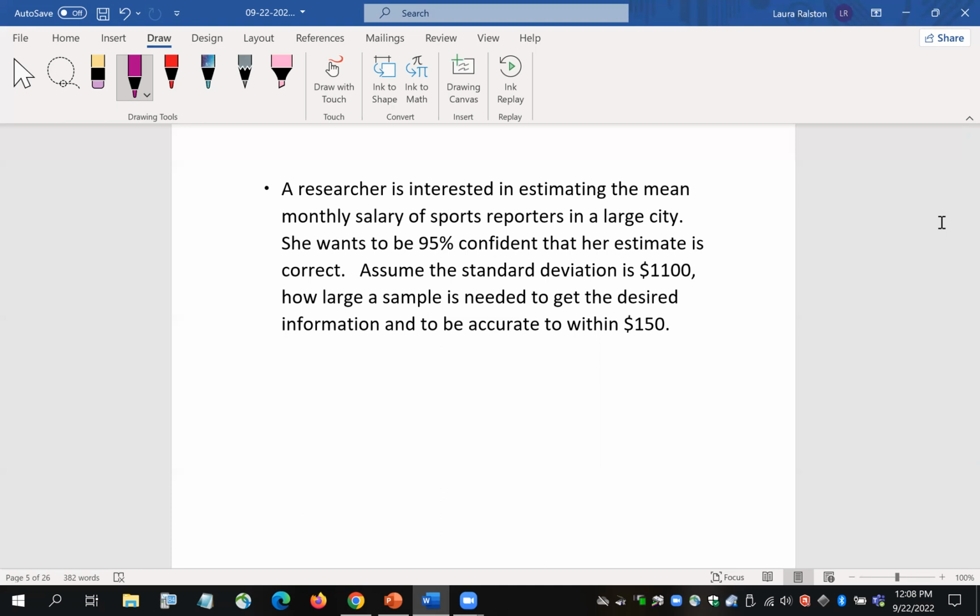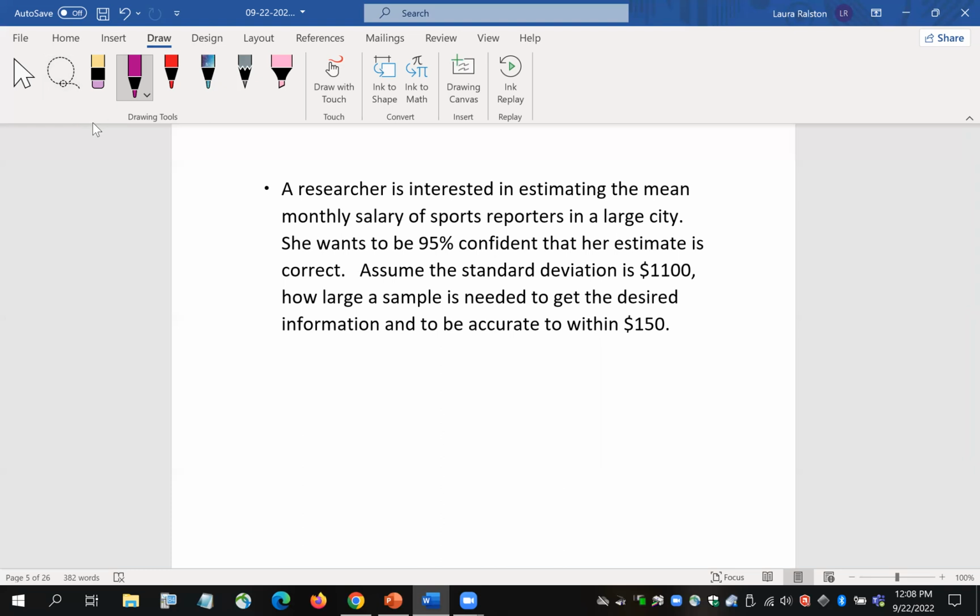How large a sample is needed to get the desired information and to be accurate within $150? It doesn't really tell us that it's going to be a simple random sample, nor, of course, that we're trying to calculate the sample size. But we're going to go for it.